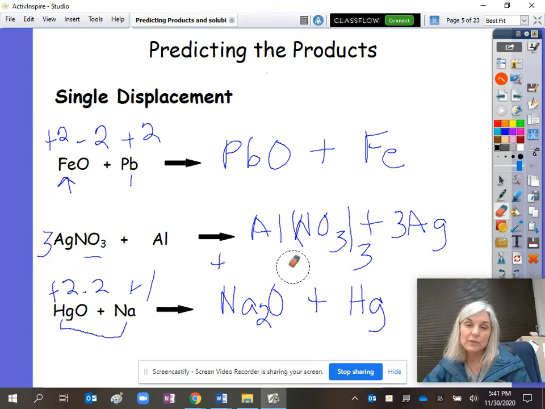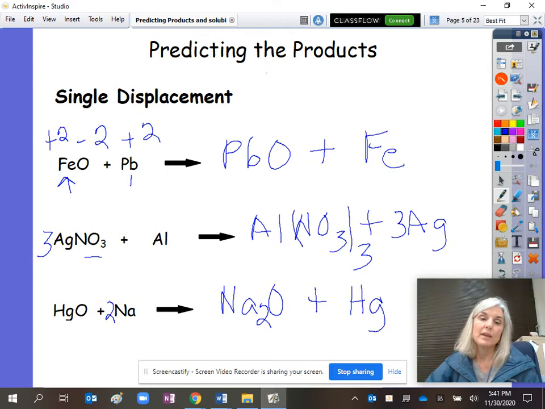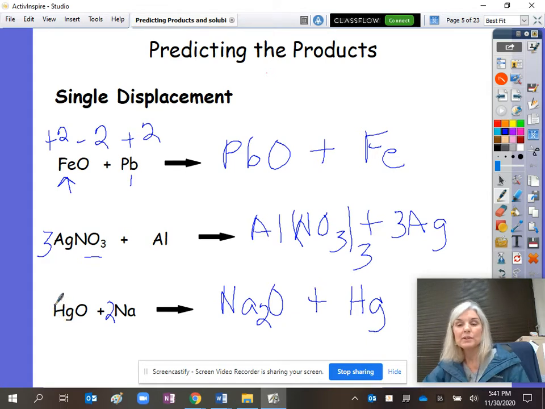Once you get your correct formulas, then you want to balance it. So as you can see, we have 1 Na here, we have 2 on this side. So I'm going to put a 2 there. And now our sodiums are good. We have 1 oxygen, 1 mercury and 1 mercury. So there you have a balanced equation.